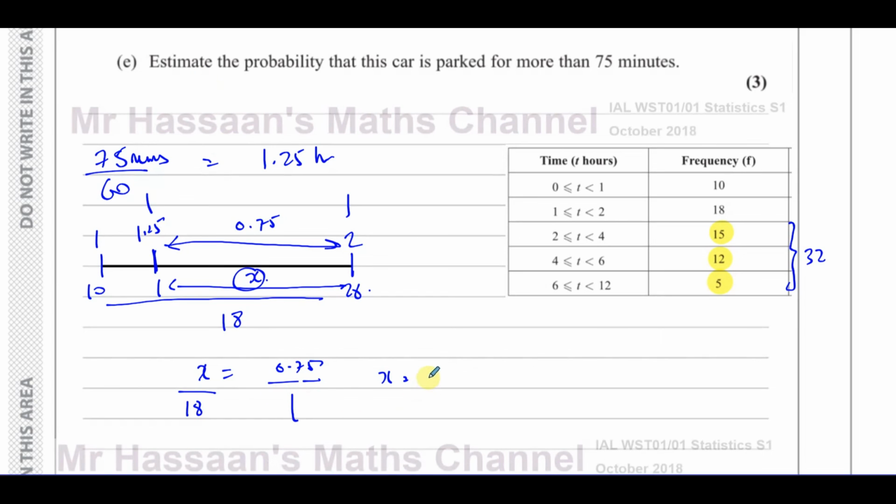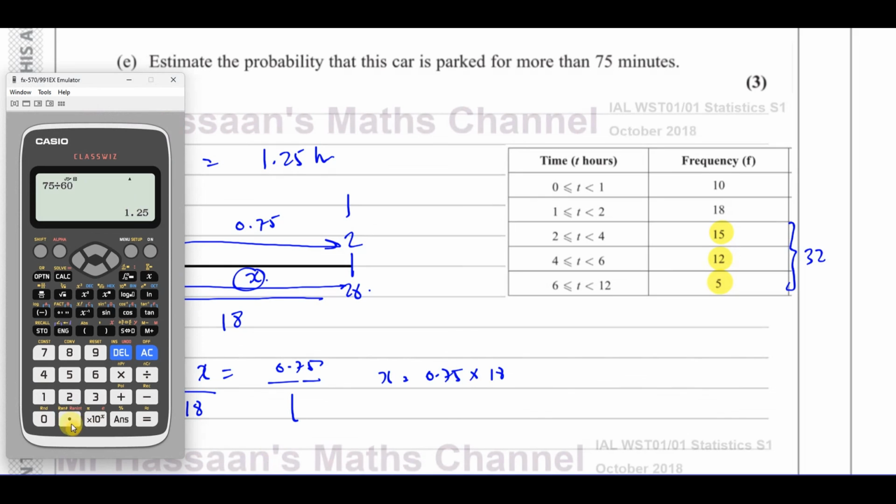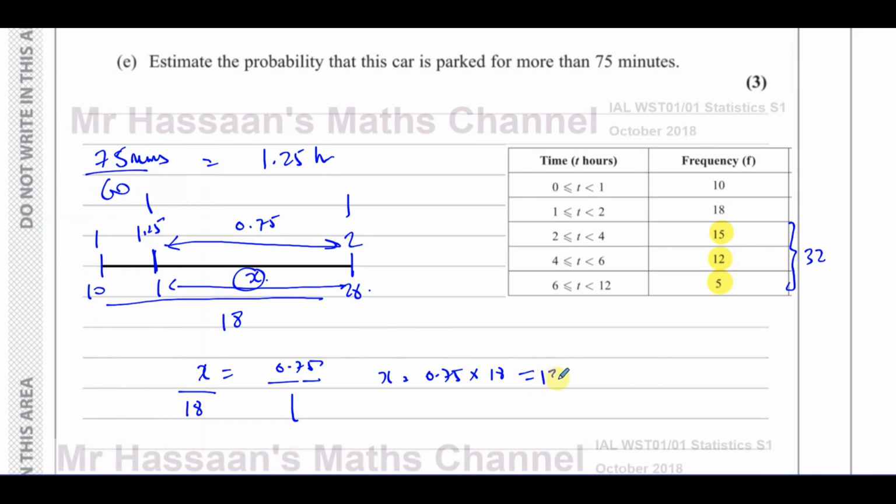So x is going to be 0.75 times 18. So we have 0.75 multiplied by 18. That gives us 13.5. So there's 13.5 entries altogether. So x is equal to 13.5.